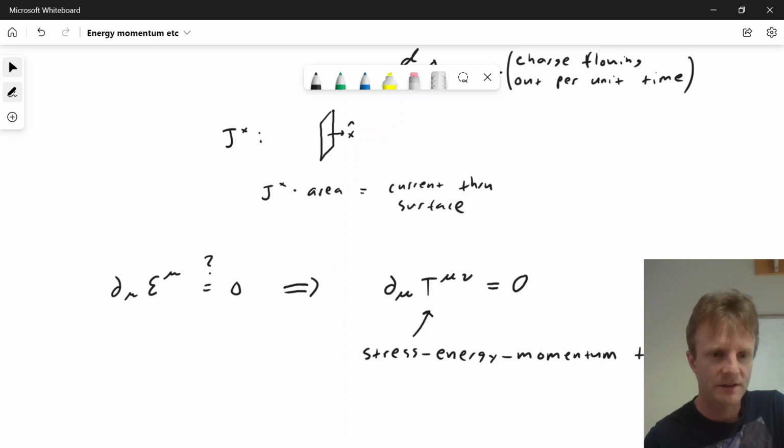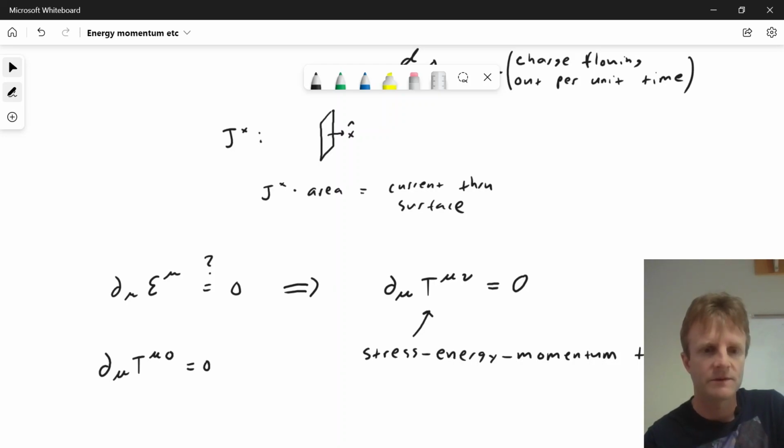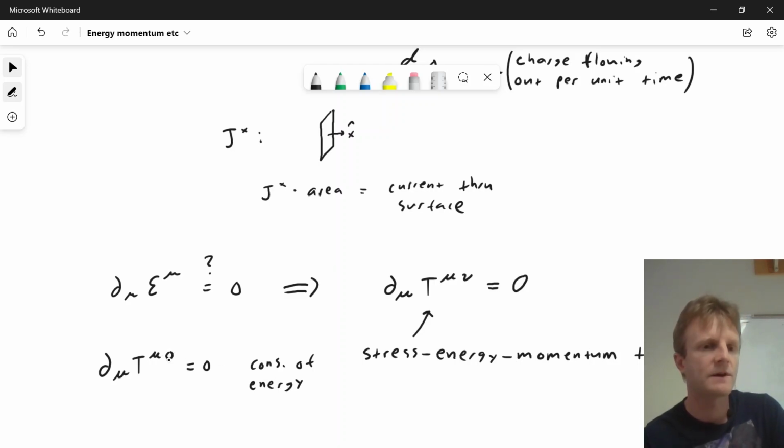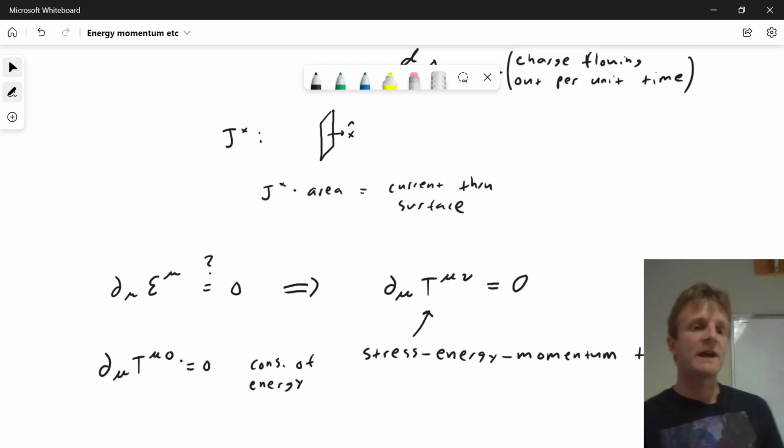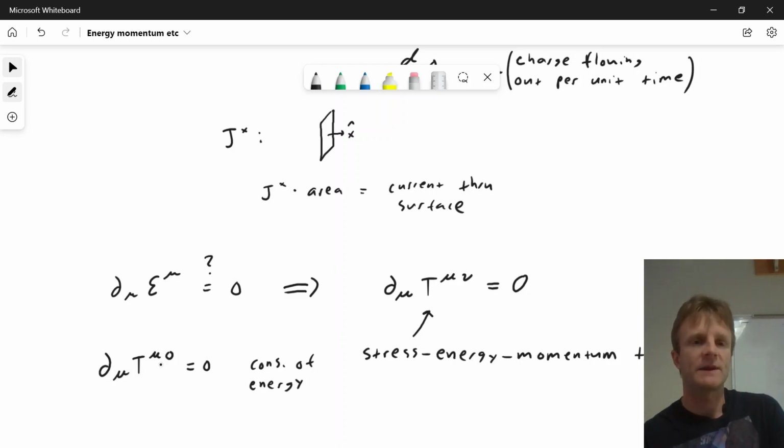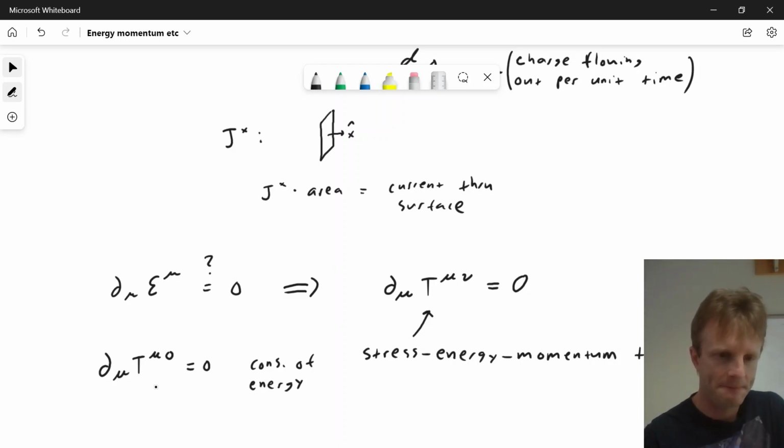And so in particular, del mu T mu 0 equals 0 is going to be conservation of energy. So the zero component in some Lorentz frame, and then we regard the other 4 as a 4-vector, and you can get the same sort of equation that we had for conservation of charge, for conservation of energy.